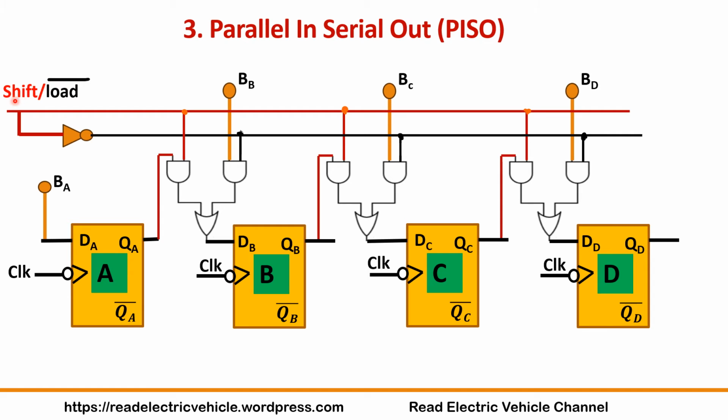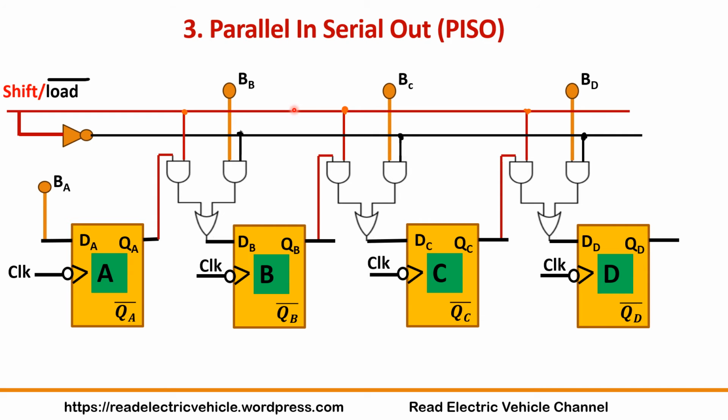Here, shift is an active high signal and load is an active low signal. The bar indicates that it is an active low signal. What do you mean by that? If I give a 0 here, the loading operation will occur. If I give 1, the shifting operation will occur.